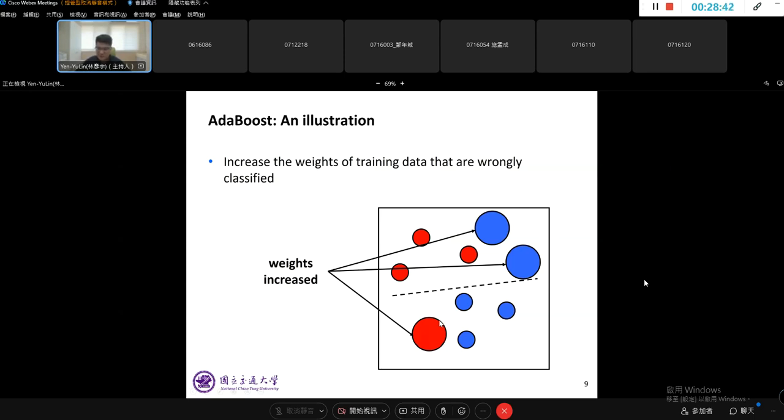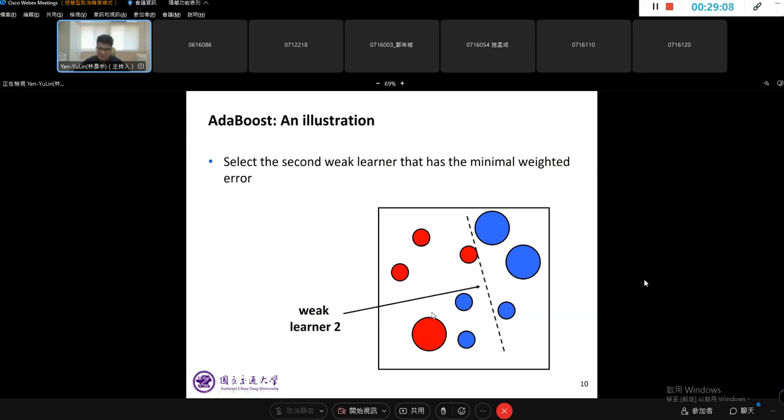Based on the weight distribution, we can select the second weak learner. The second weak learner should be different from the first one because the weight distribution is changed from uniform to this case, where 3 of them have a larger weight.